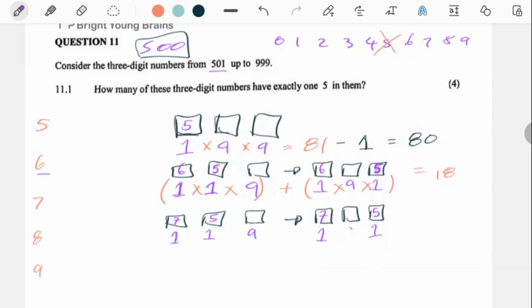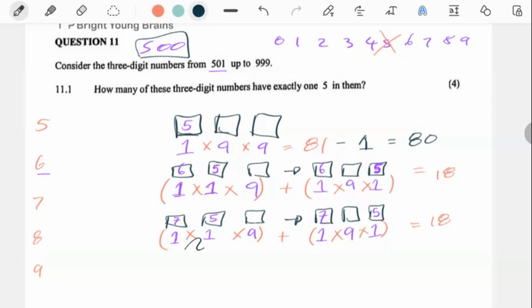And then here in the middle, we have 9 options, you see. Then the process begins again, you see. 9 values in total that start with the 7 and follow with the 5. And then we add numbers that start with the 7 and end with the 5. You see, in total, those are 9 plus 9 values, which is 18.